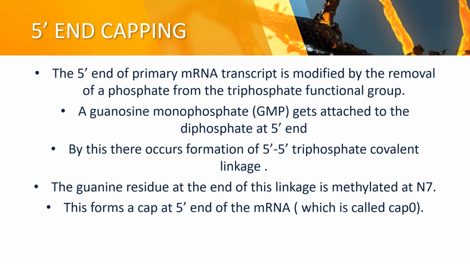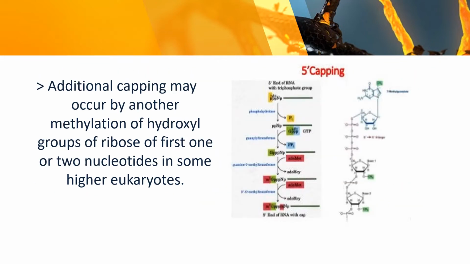After the removal of the phosphate group, with the help of the enzyme guanine transferase, a guanine group is added to the mRNA. After this addition, a 7-methyl transferase adds a methyl group to the guanine, and thus the 5' capping ends.